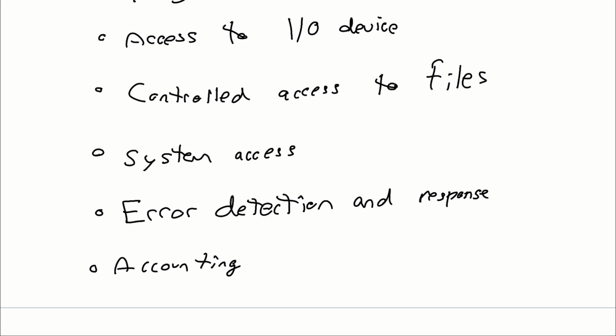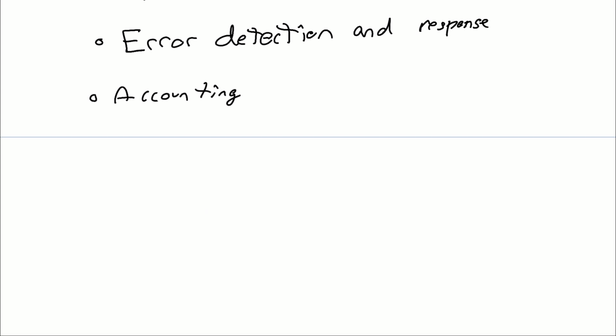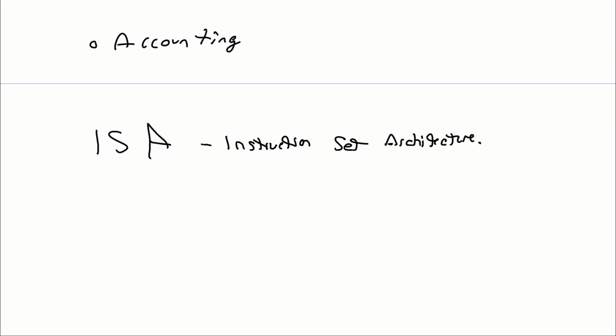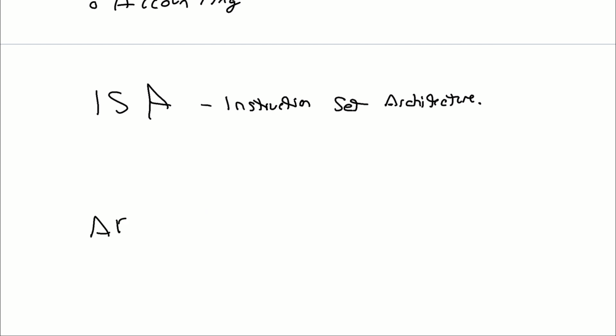Okay, so from there, they start talking about the different interfaces that you can have between a program and the OS, and the three that they basically list are ISA, which is Instruction Set Architecture, and then they have Application Binary Interface.